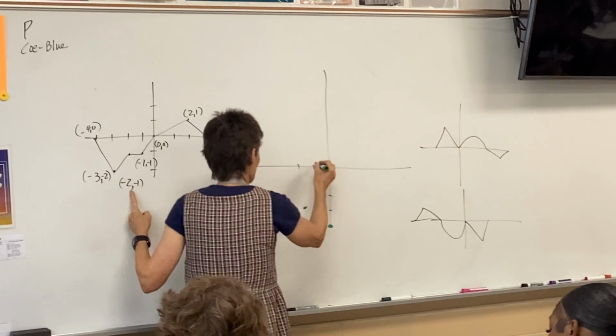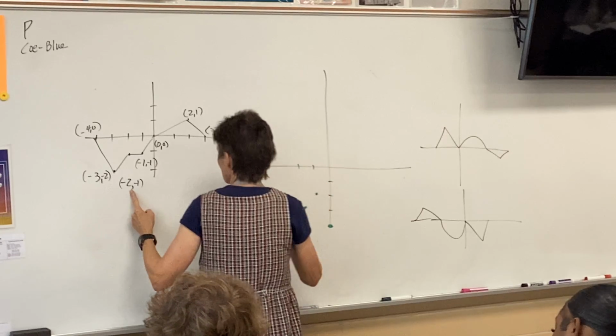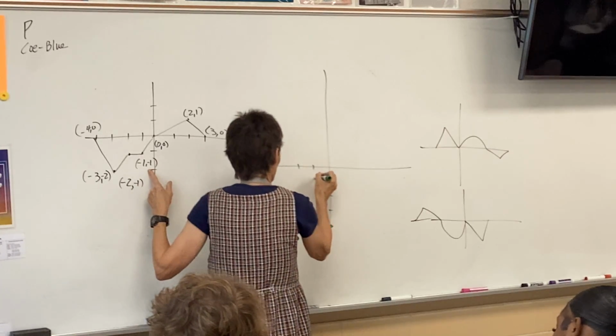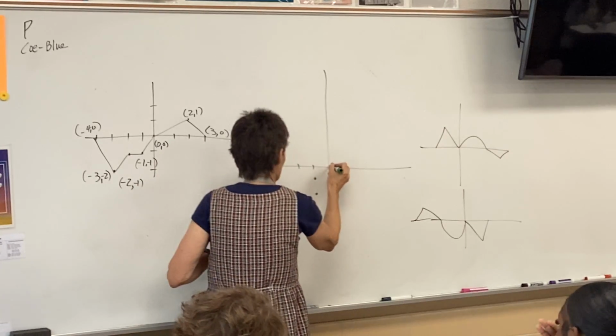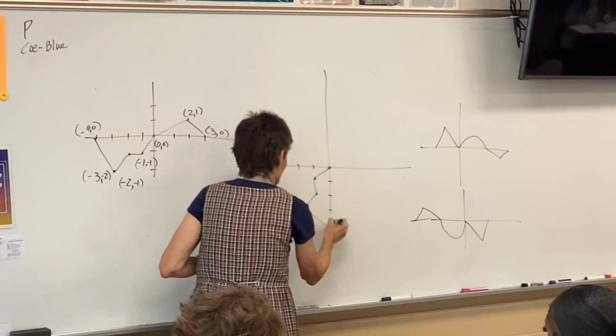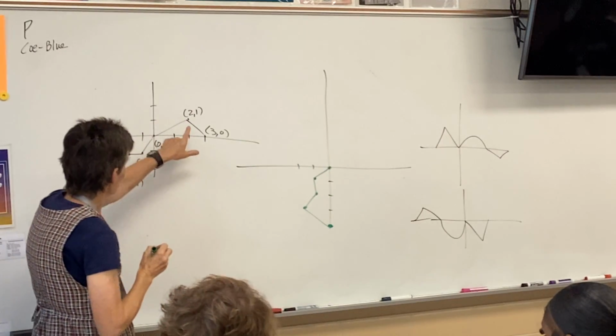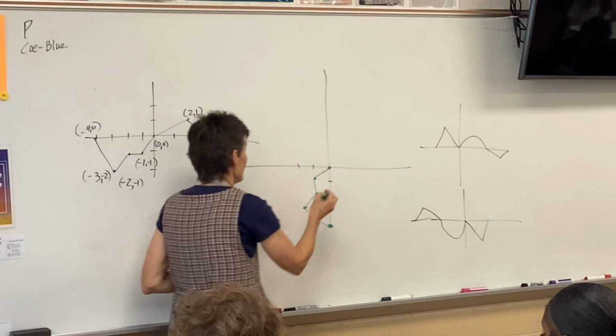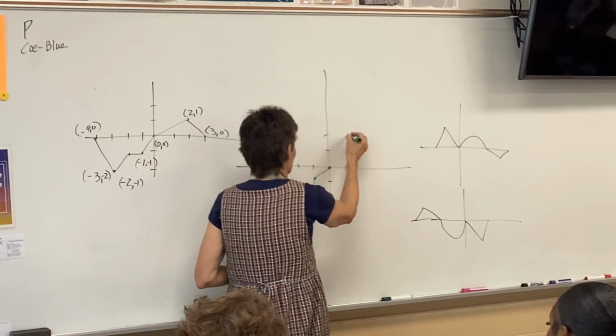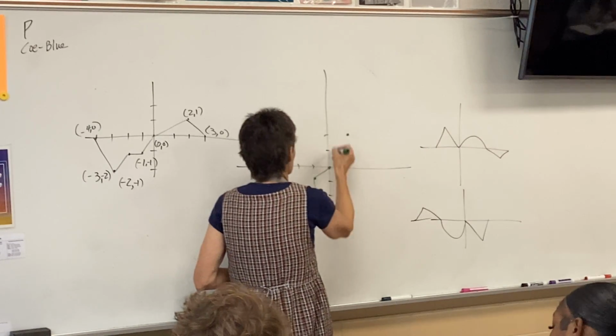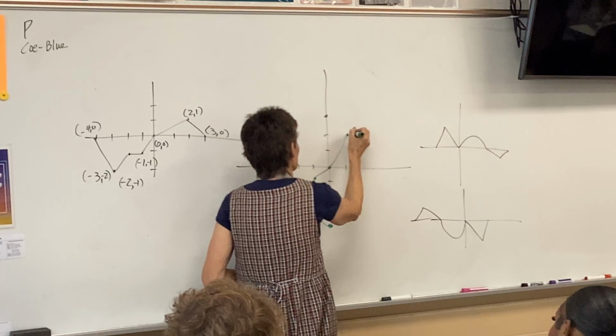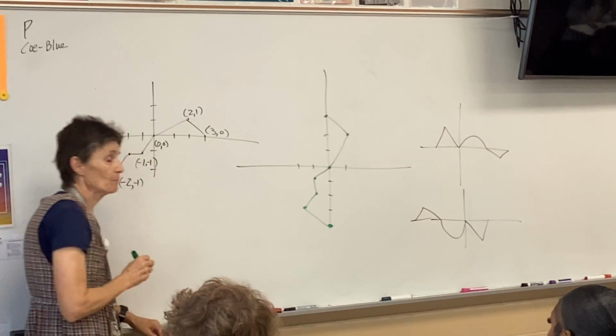Then -1, -1, and 0, 0. Then I'll plot 1, 2, and 0, 3. And there's the inverse.